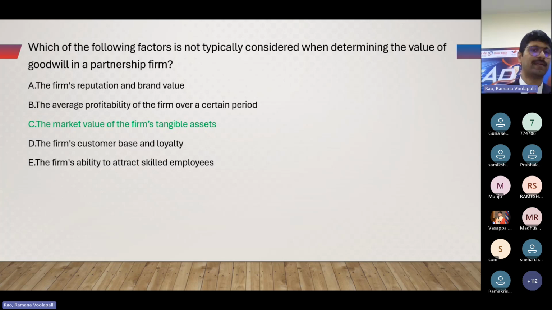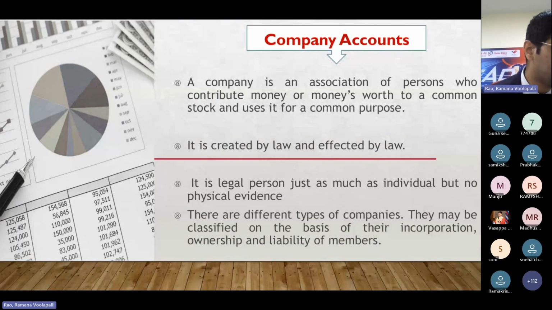Okay, great. So now let us try to understand the company. We have tried to understand the partnership and the LLP and its features and differences, the basic calculation of profit, how reconstitution happens and all. And company accounts also we deal with.